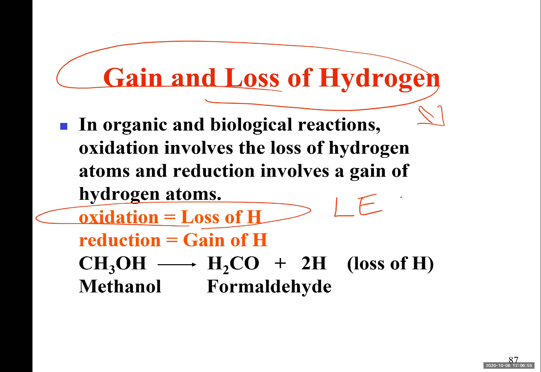You can prove it's really loss of electron by an easier method. Just look at the number of hydrogens. Number of hydrogens before, how many? 4 hydrogens. Number of hydrogens after, 2 hydrogens. This has loss of hydrogen, so we say CH3OH is oxidized.